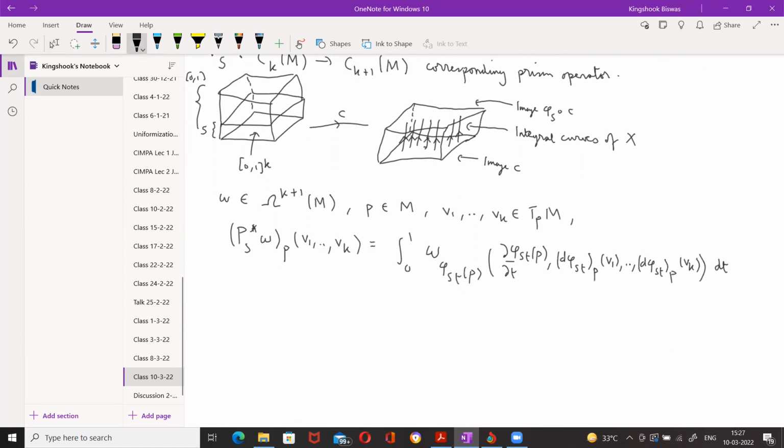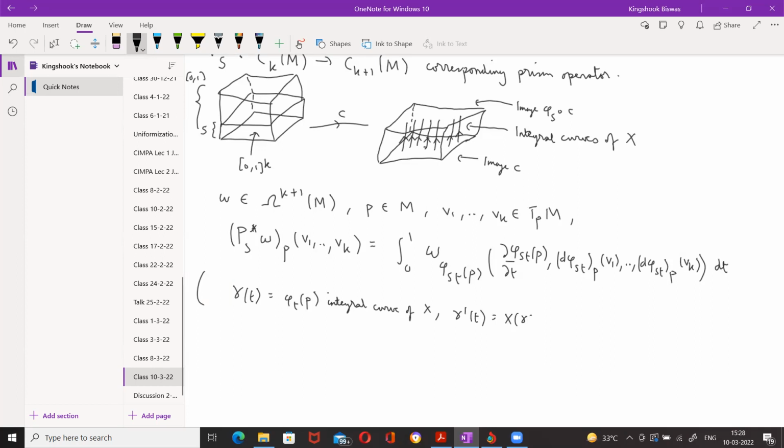Now, what is this del del t of phi st of p? So gamma of t equal to phi t of p is an integral curve of X. So gamma prime t is equal to X of gamma t.